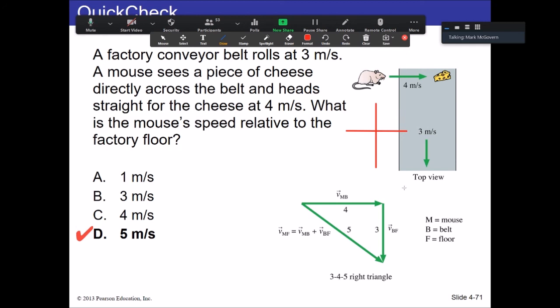And due to the fact that it's a Pythagorean triple, we know the magnitude of this is 5. As you look down and see this mouse, it moves at an angle. It goes right and down, and if you were to properly measure how fast it was going, it'd be going 5 meters per second. It does 4 on its own, but that 3 downward gives it a little bit of extra push.